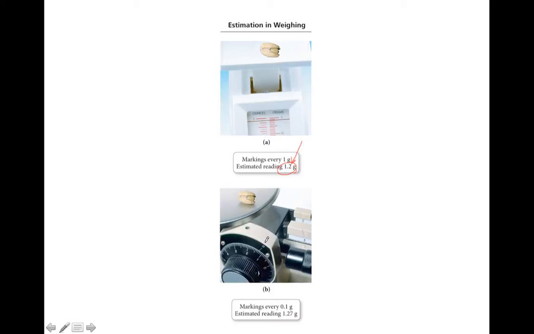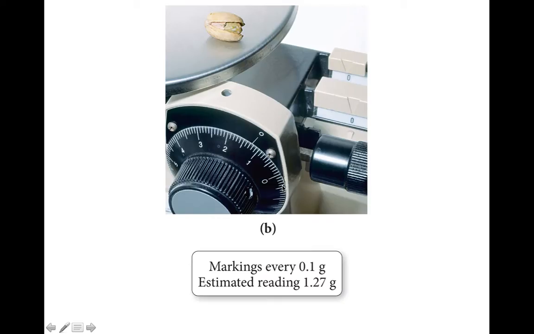And it turns out it's closer to the 1.3. The person reading it thinks it's about 70% of the way to the 1.3. And so he reports that as 1.27 grams, right? So that last digit is the digit of estimation. Okay? A little better look there at that picture.